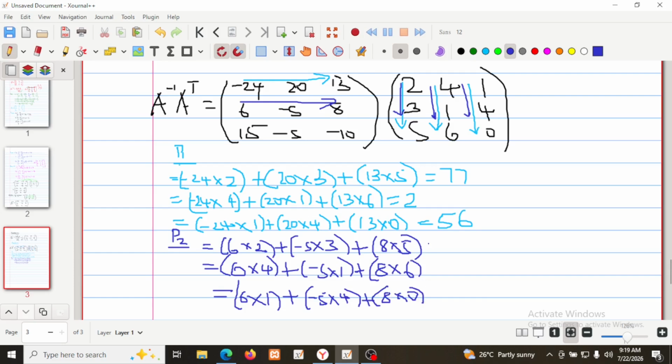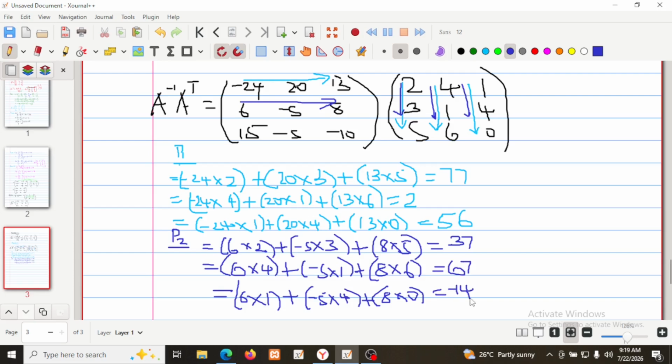Now in this first case, the answer, if you calculate, you will get 37. Then the second one will get 67, and then we will get negative 14.